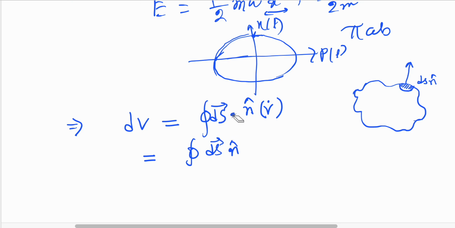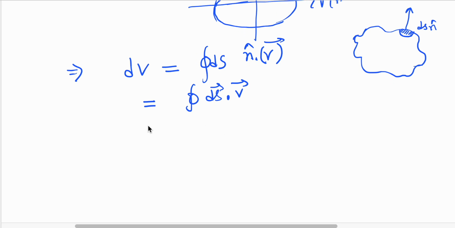So it will be the closed integration of ds, n cap dot v vector. From the divergence law we can apply the divergence theorem here: the closed surface integral can be written as a volume integral over the total volume.